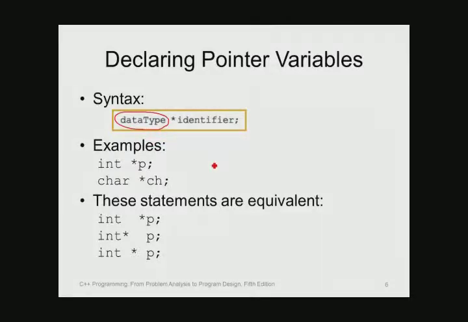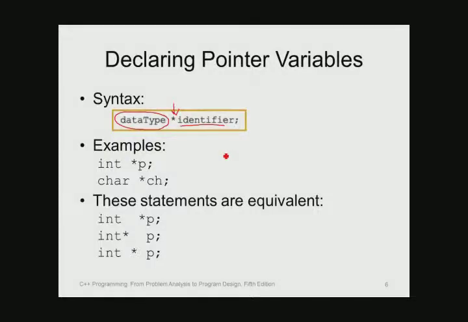So the syntax for creating a pointer variable is the data type of the memory location that it's going to point to, the asterisk symbol, and then a name that you give your pointer variable. Now, the name you give to your pointer variable follows the same naming rules as any variable. Again, you cannot start with a number, you can't have special characters.